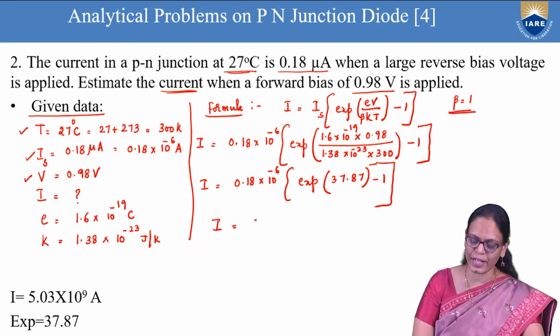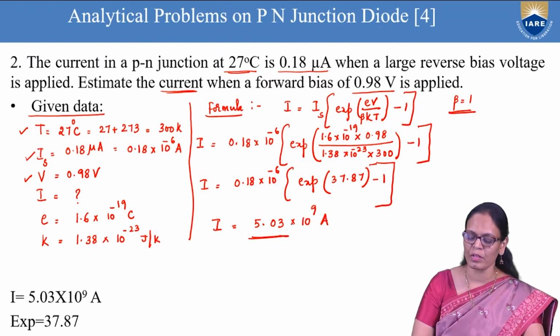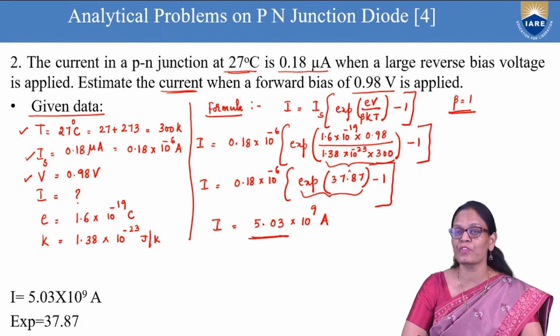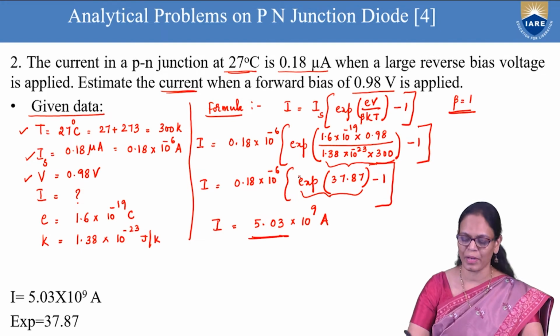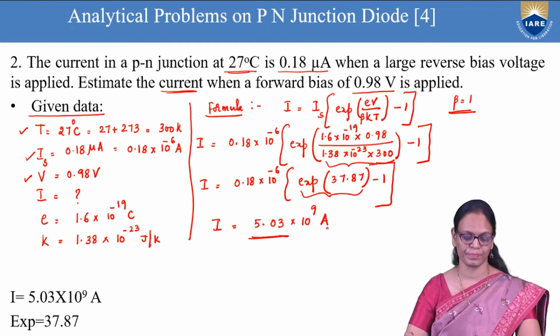So I will be equal to 5.03 into 10 power 9 ampere. This simplification you can do using the calculator, and also this value you can find using the calculator. Subtract 1 and then multiply it with 0.18 into 10 power minus 6. You get I to be equal to 5.03 into 10 power 9 ampere.